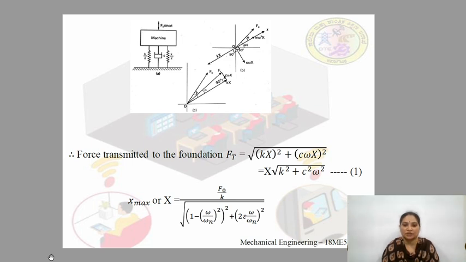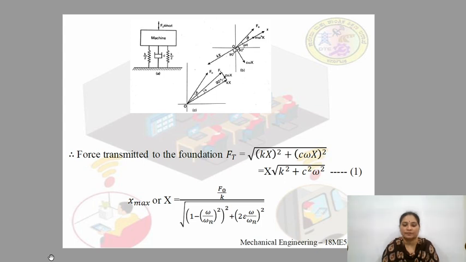Therefore, the force transmitted to the foundation can be written as Ft is equal to square root of (kx) whole square plus (c omega x) whole square. In the figure, we can see that the transmitted force Ft is similar to a right angle triangle, and the hypotenuse is 0 to Ft.